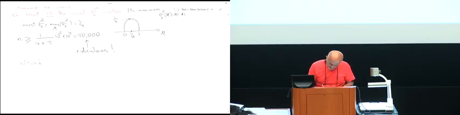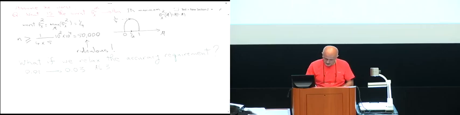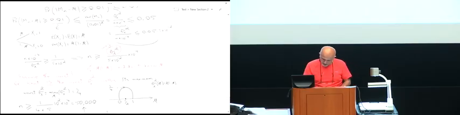What if we relax the accuracy requirement? So instead of 1%, we now allow 3%. How is that going to manifest itself in your expressions?